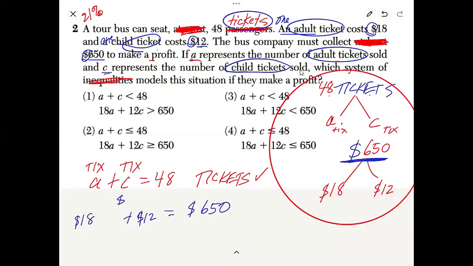But 18 times the number of adult tickets plus $12 times the number of children's tickets, that's going to give us the amount of money that we're going to raise from selling those tickets, and it has to be $650. So that's how you come up with the equations. All you have to do is add an A and a C here. Boom, done. Those are our equations.